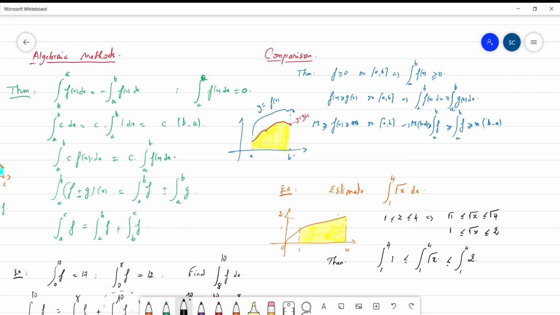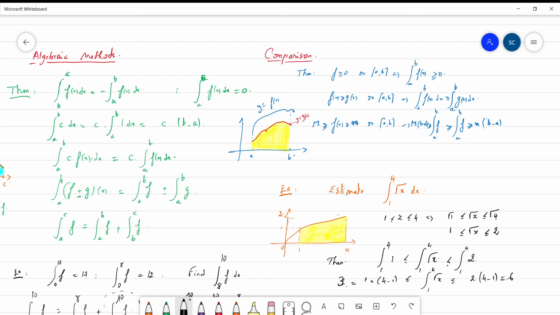The left side gives 1 times (4 minus 1), which is 3, and the right side is 2 times (4 minus 1), which is 6.